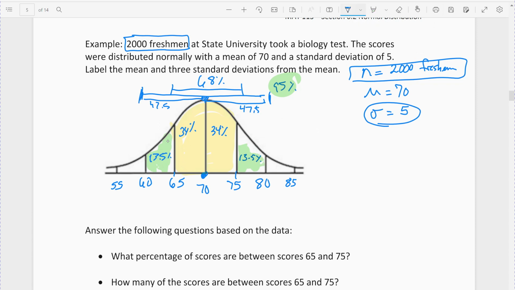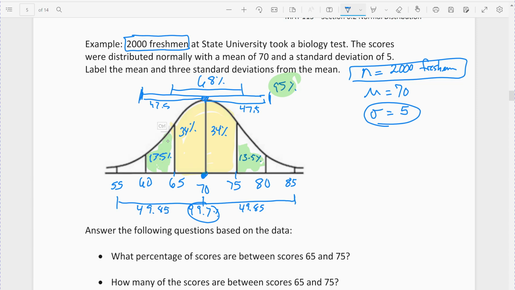All right, then the last one, which I'm going to draw below since I don't have enough room above, that's our 99.7%. Half of the 99.7% would land on one side, half on the other side. So if I cut it in half, this half over here would be 49.85, and this would be 49.85.